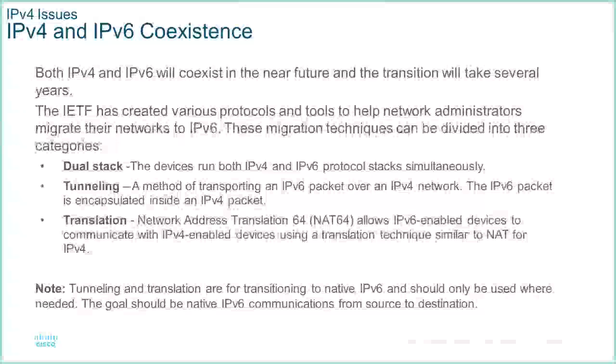This is NAT64. That's not the preferred method, obviously, because you can have so many more addresses in IPv6 than you have in v4. So that's the least preferred method during the transition between them.